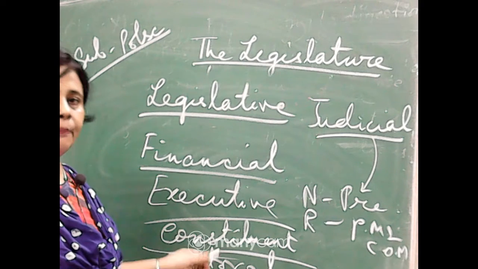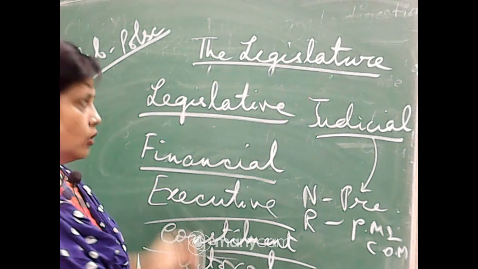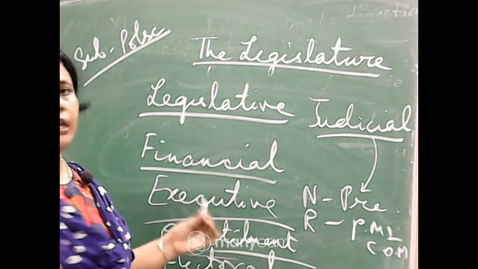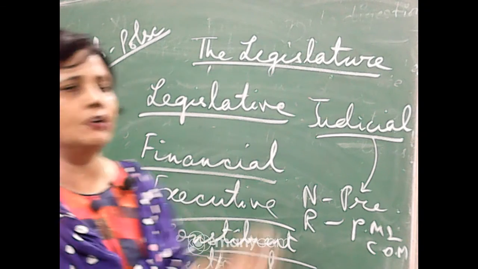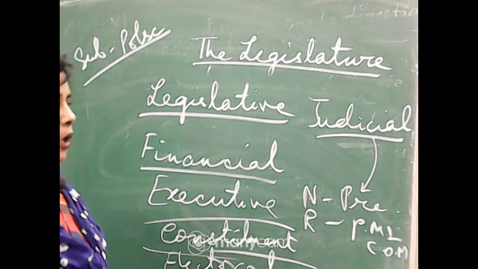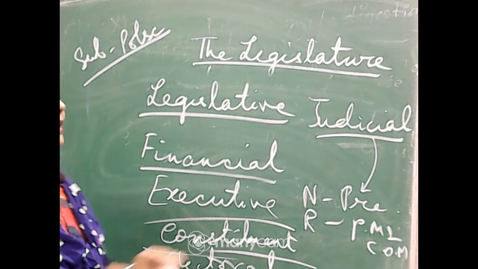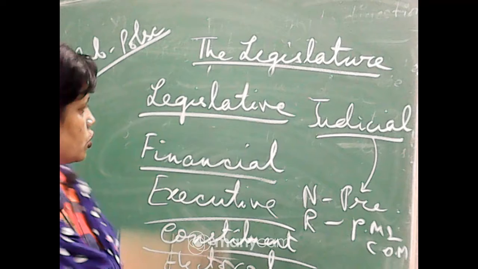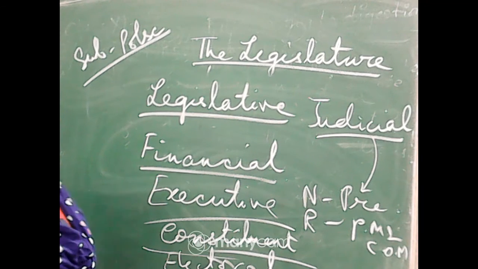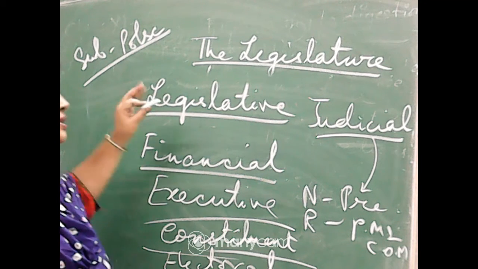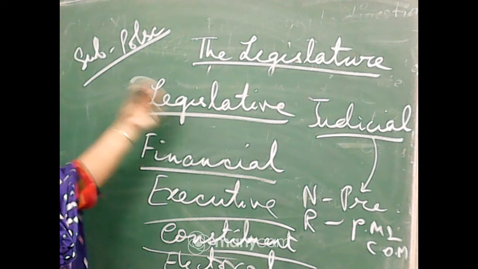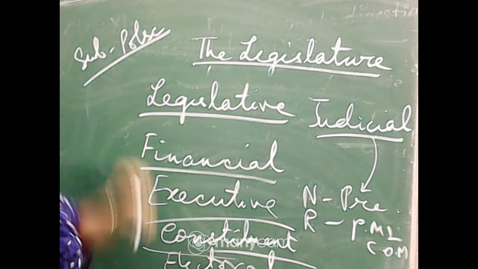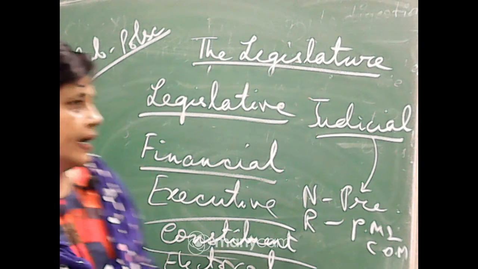A bill for impeachment has to be passed from both the houses, and if it is the President, it will go to the Chief Justice of the Supreme Court, and if it is anyone else, it will go to the President. So I have told you 6 functions, which can come as why do we need a legislature, or what are the functions of the Indian Parliament.